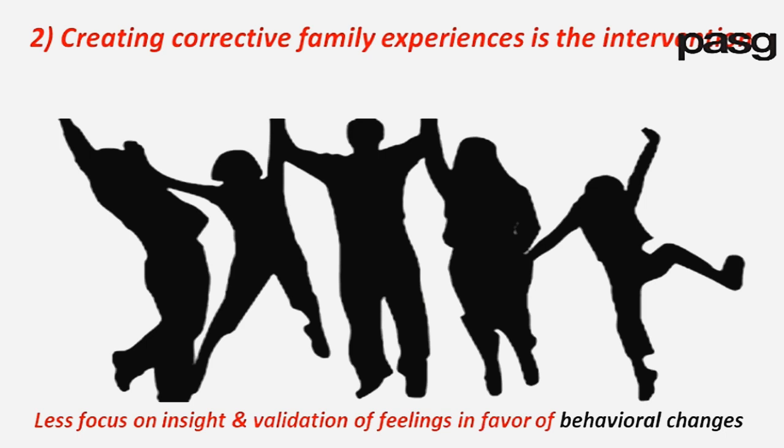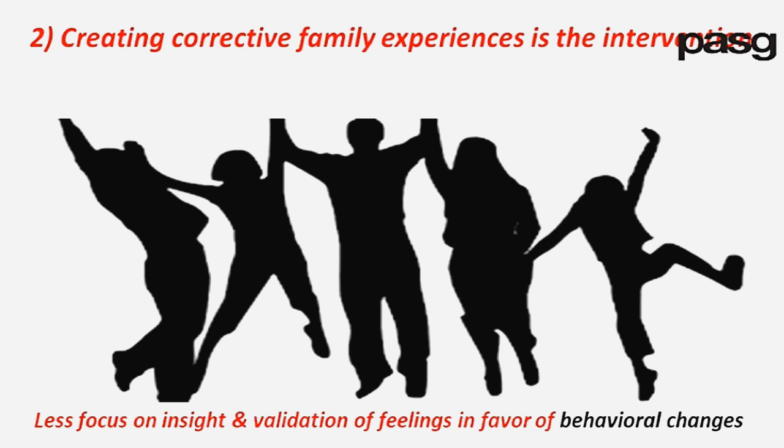This is a particular pet peeve of mine in traditional reunification therapy, having validation for the child's feelings based on distorted, delusional beliefs. This is not therapeutic. This is anti-therapeutic, and it is often done.